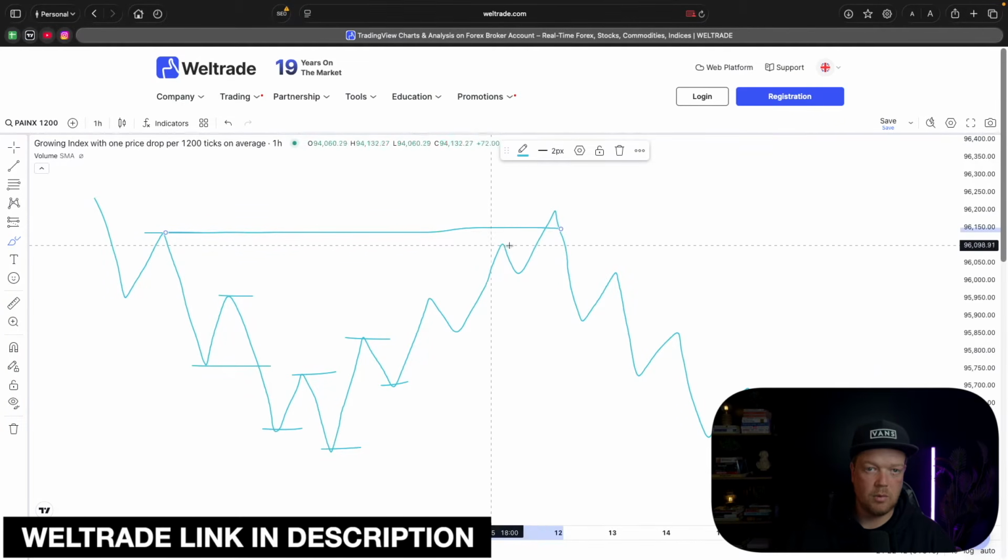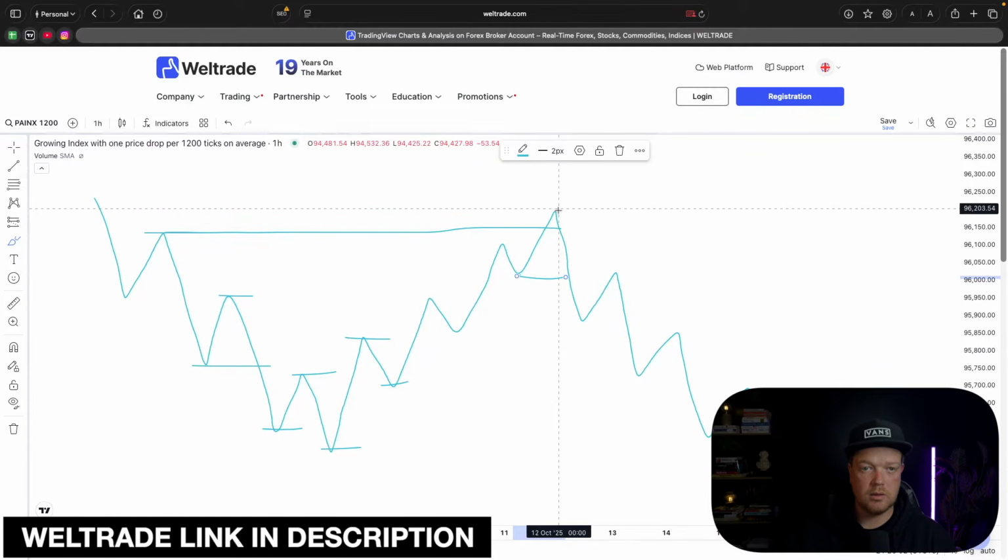So basically, when we take out the high, we want to wait for the last low that made the push for this high. We want to mark this low out. And as soon as this low gets taken out, then we have a break of structure or market structure shift.